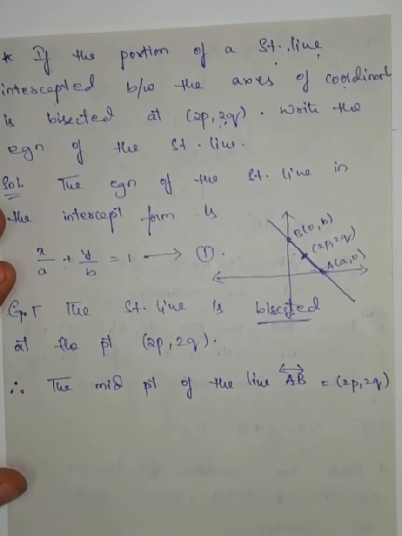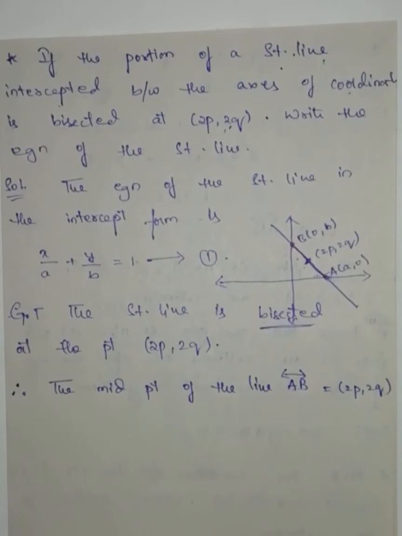Bisected means it is going to divide into two equal parts. The only point which divides the line into two equal parts is the midpoint.